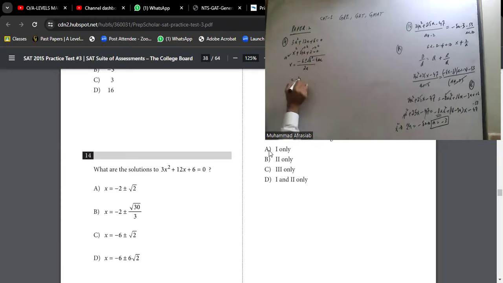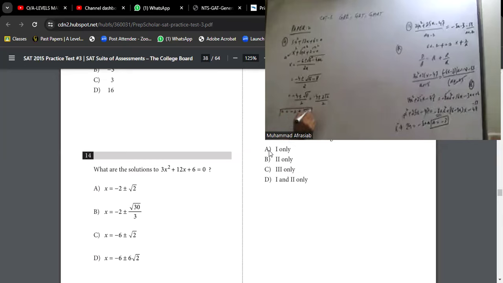So it should be equal to (−4 ± √(16 − 4·2))/2, which is (−4 ± √8)/2, which is equal to (−4 ± 2√2)/2, or that is equal to −2 ± √2.